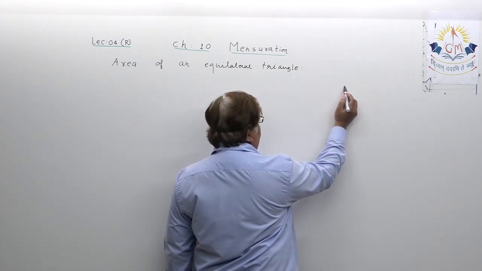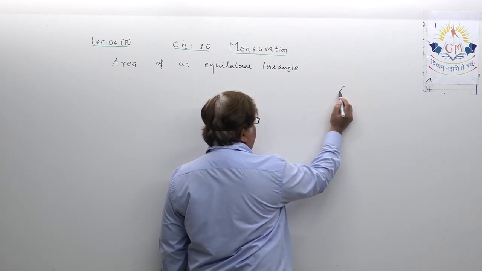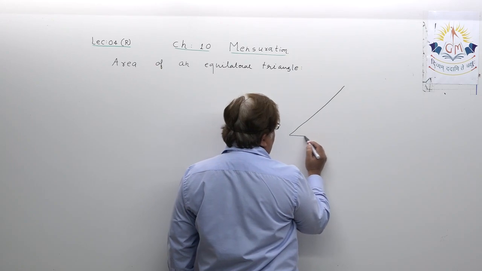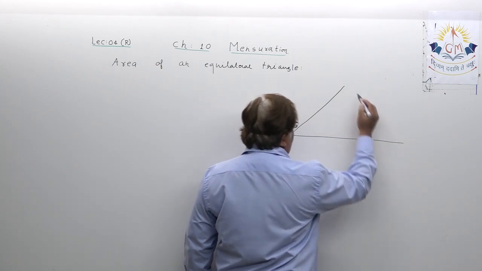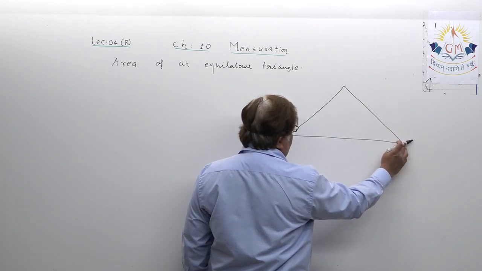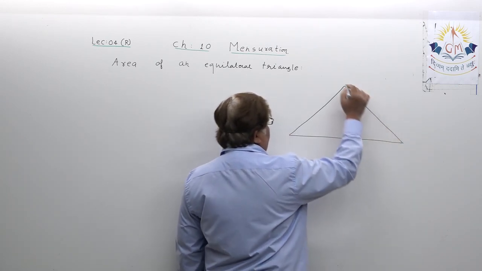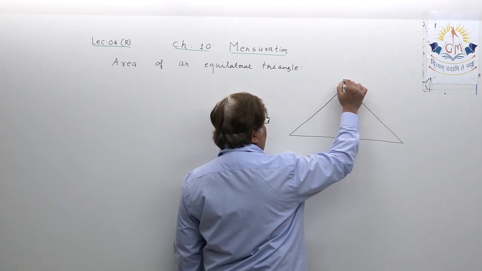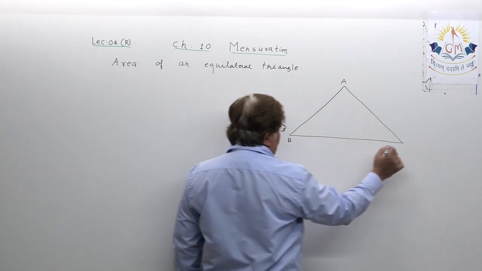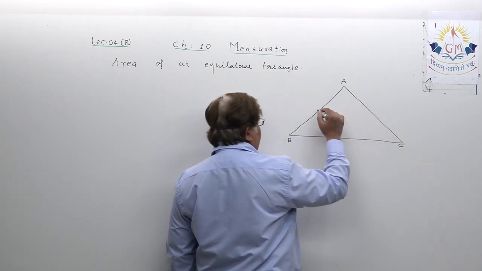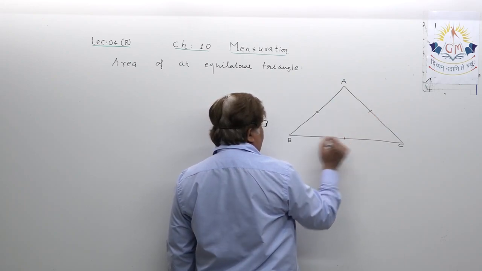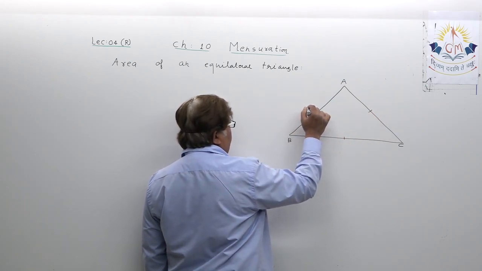Let me take one triangle. This triangle which we are drawing here is already an equilateral triangle, where, as you know, dear student, all sides are equal.